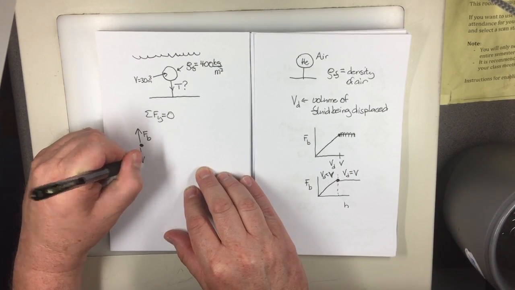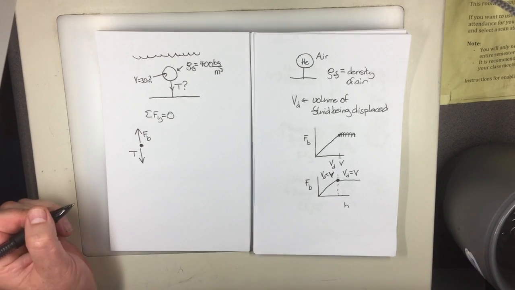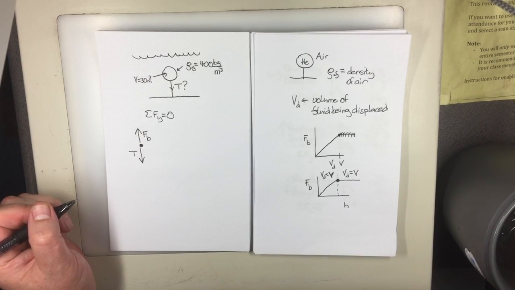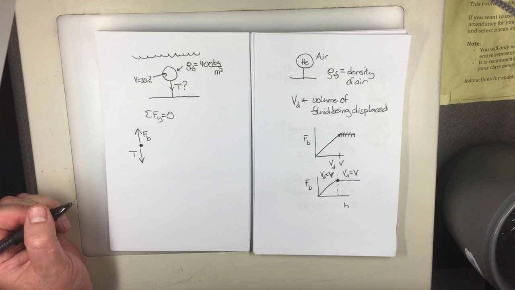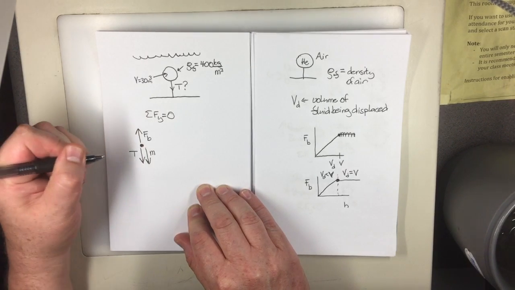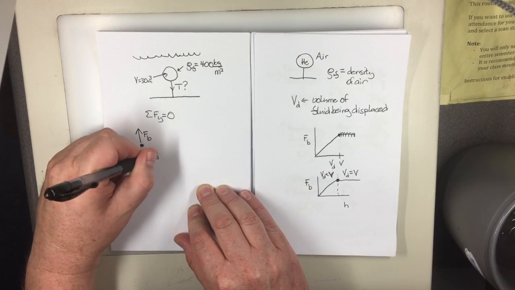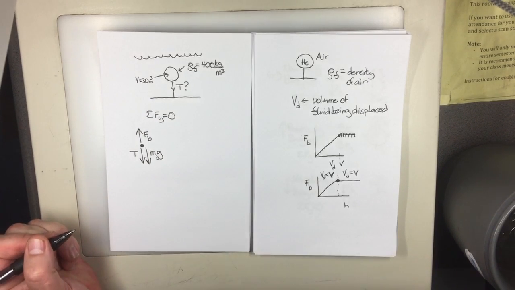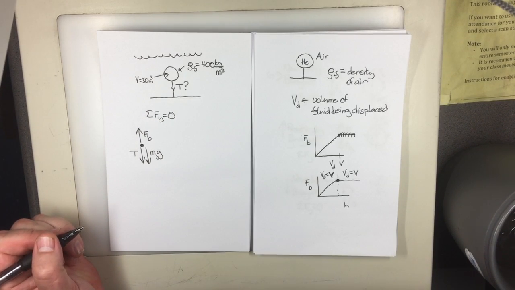Pulling down is the tension of the string. Now there's one more factor in this problem, and that is the mass of the foam times gravity. Because the mass of the sphere has a significant portion of force, so you have to take that into account to figure out tension.